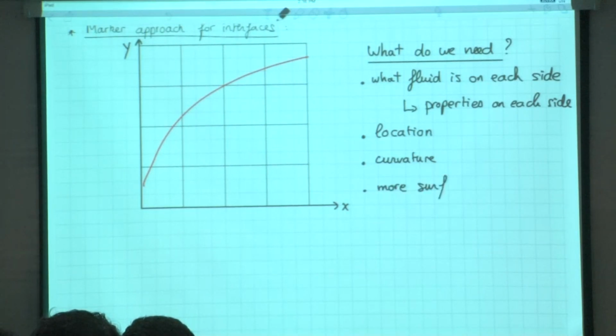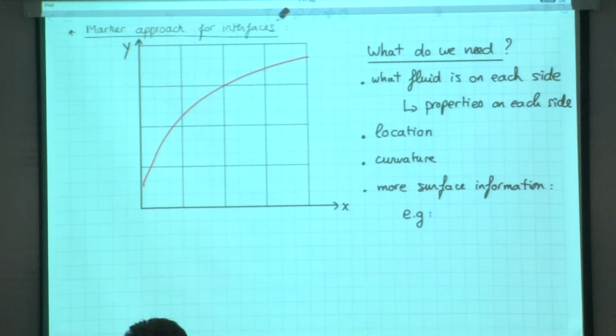So potentially we would have more surface information, for example some interface thickness that might be relevant if your interface is actually a flame front.